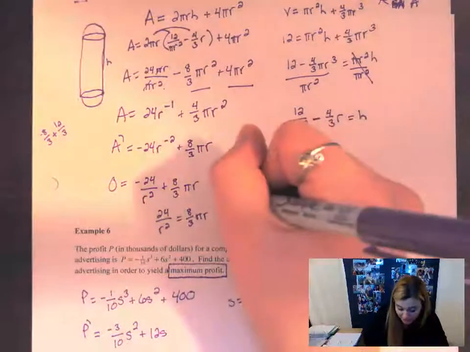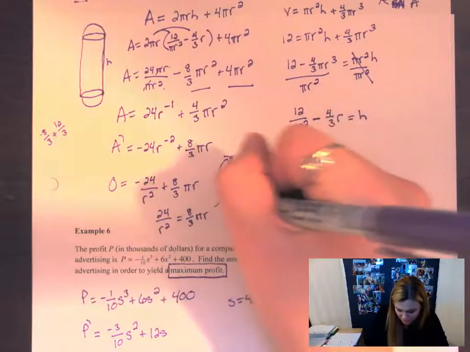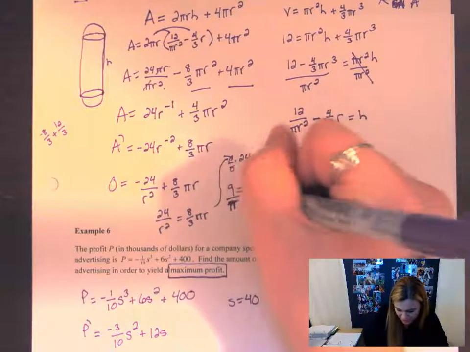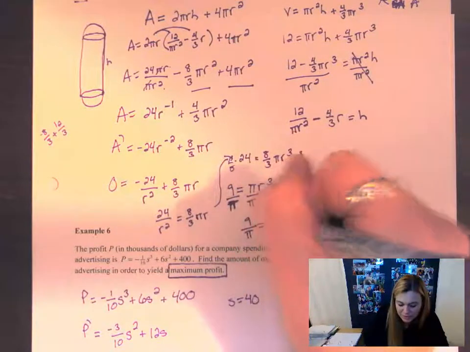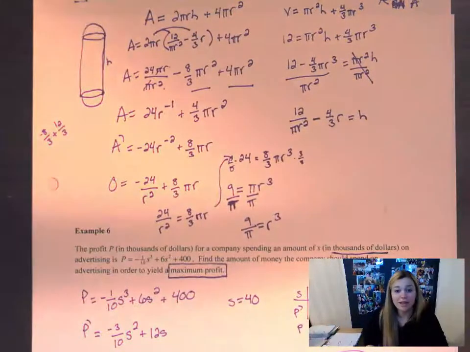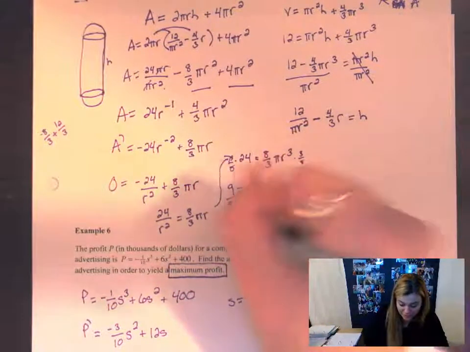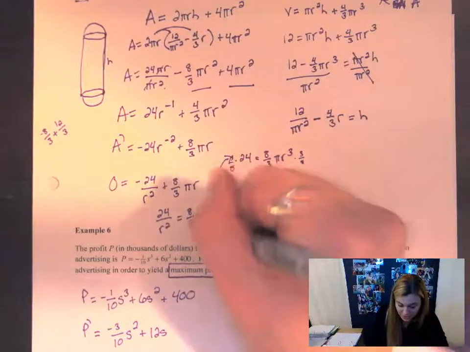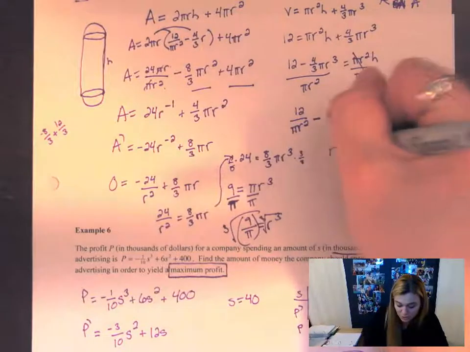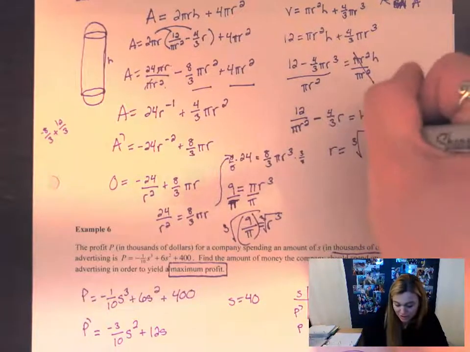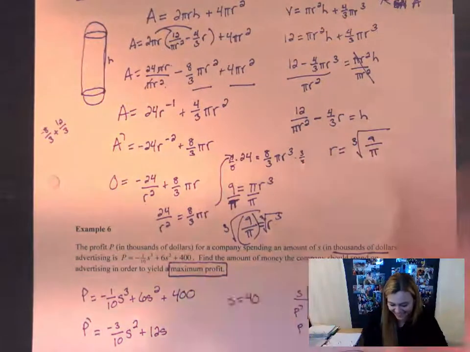Divide by pi. If I take 9 over pi is equal to r cubed, and then I take the cube root of both sides, that's probably your favorite number, that r is equal to the cube root of 9 over pi. It's probably your basketball number.